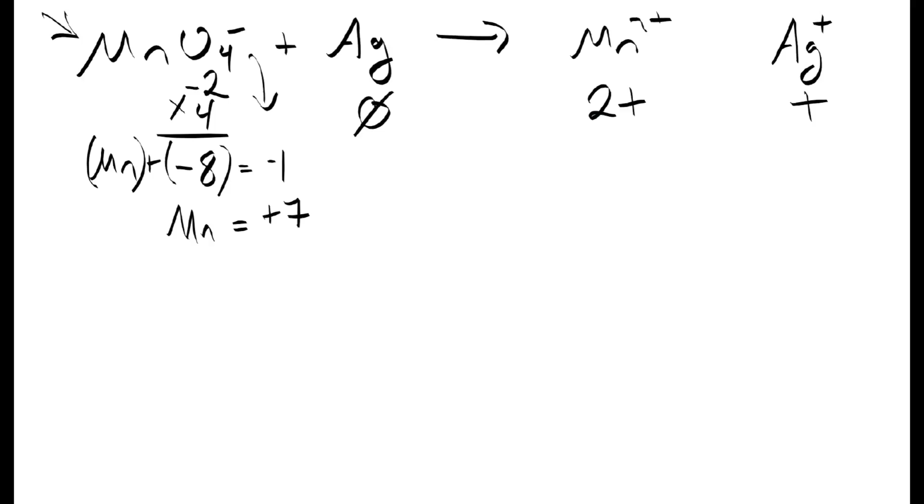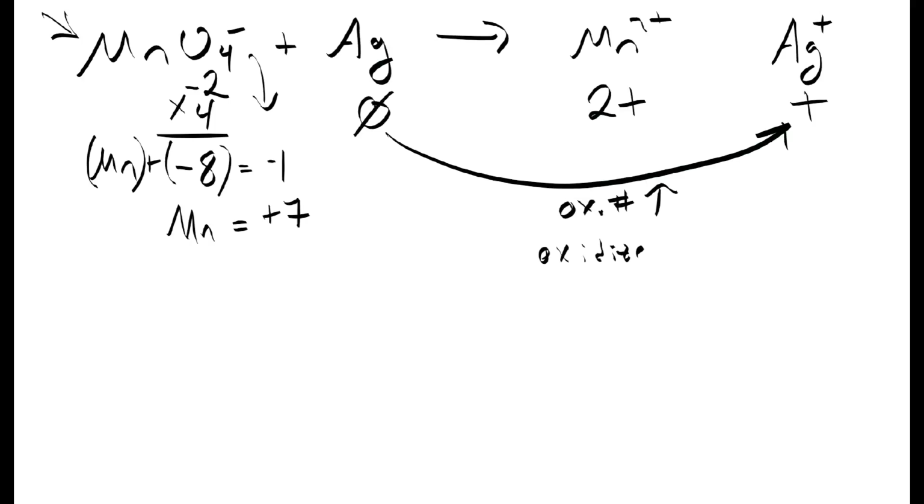So now we look at the way each metal changes. Silver goes from 0 to +1. The oxidation number is going up. It is being oxidized. Meanwhile, here we have manganese going from +7 on the left, +2 on the right.